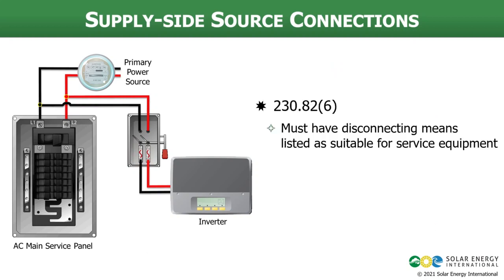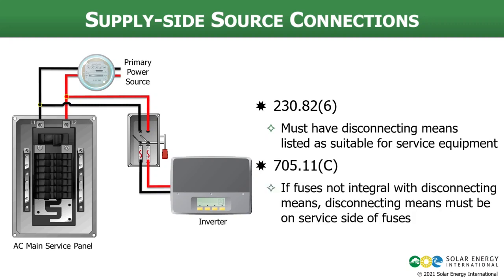The code says, and this is in Article 230.82(6), we must have the disconnecting means listed as suitable for service equipment. So you can't just pull any disconnect off the shelf. It has to say suitable for service equipment. That means it's going to be rated for 60 amps or higher, has that listing for service equipment.